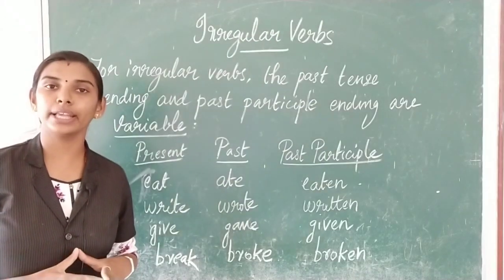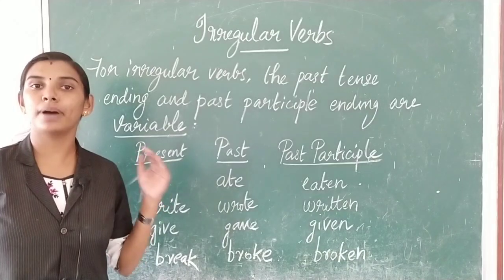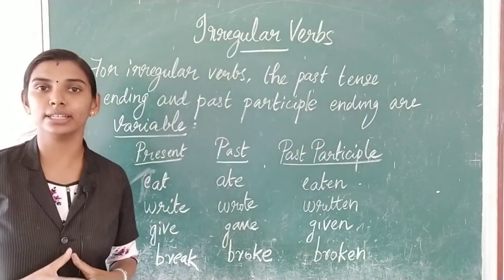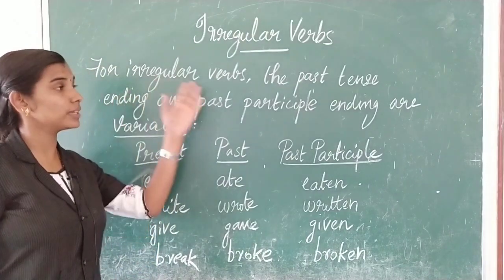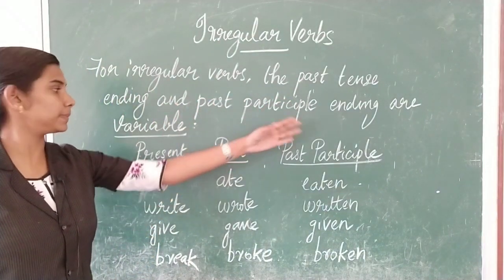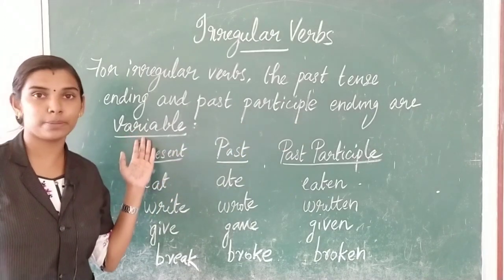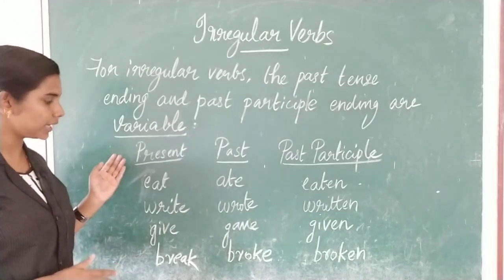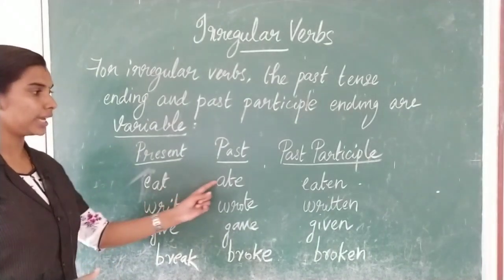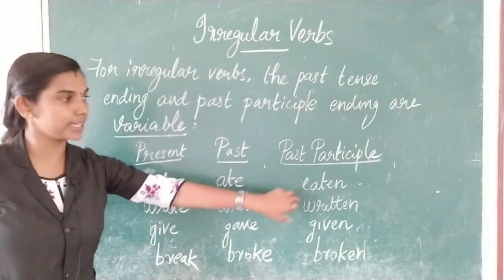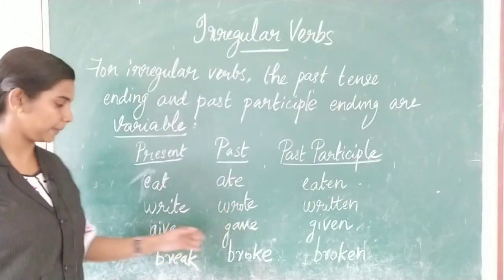So children, in the case of regular verbs, the past tense ending and the past participle ending are always the same, but in case of irregular verbs, the past tense ending and the past participle ending are always variable, which means it is always changing. See the examples. In present tense, eat, it becomes ate in the past tense and it becomes eaten in past participle.